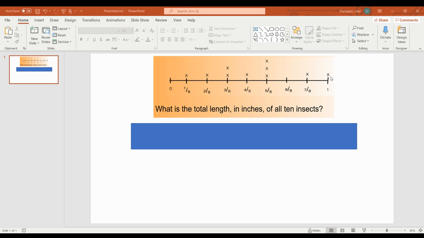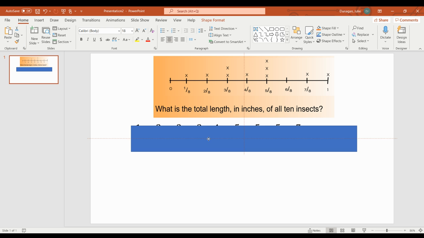So what we need to do in a case like this is add up each of these lengths. Because we have three insects that are 5/8 inches long, we're going to need 3 sets of 5/8. So I took those fractions and I already wrote out the equation for us.